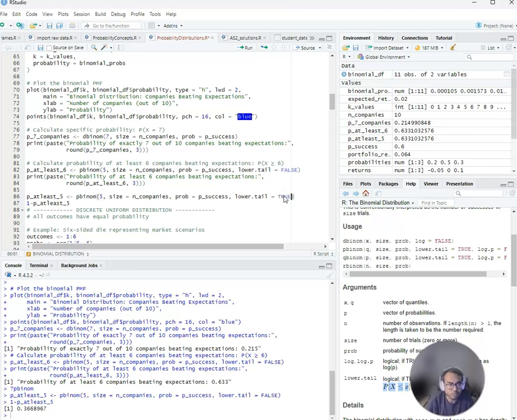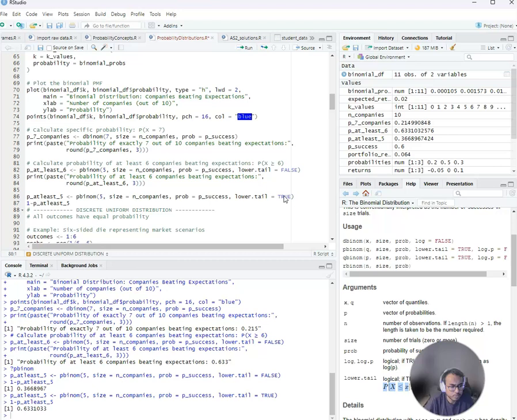It shouldn't be true. So there are two ways I could have done this. Both ways are equivalent. Either separately calculate up to 5 and then do 1 minus the CDF up to 5, or I can set lower.tail equals false, and that gives me the upper tail probability directly.